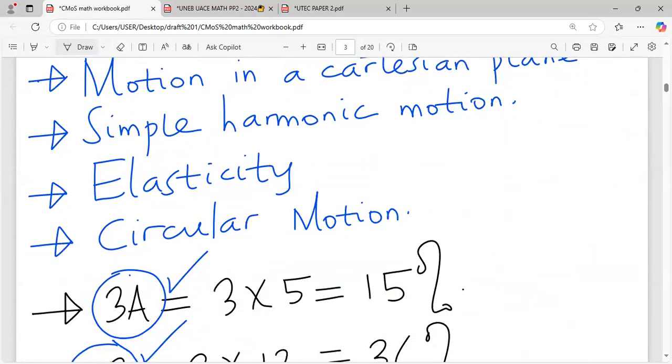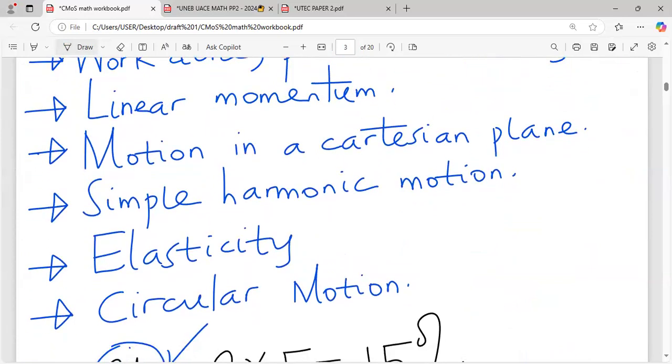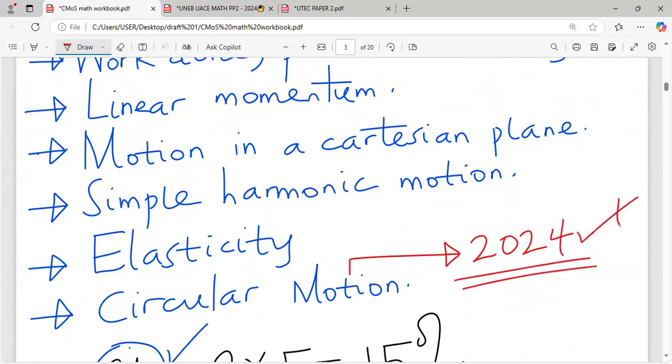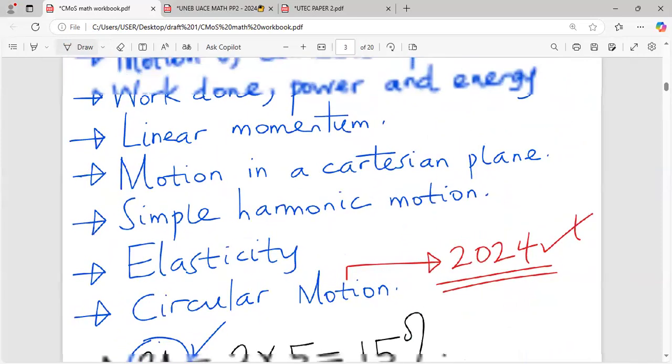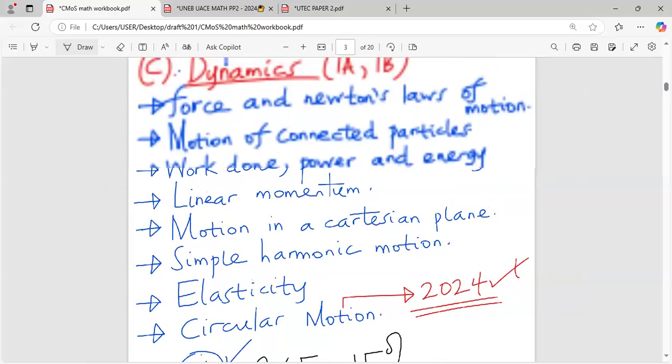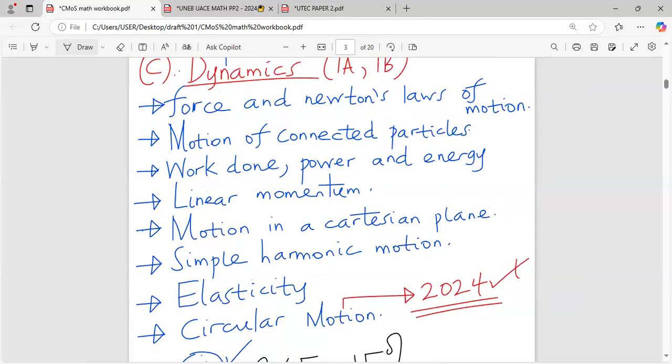Then they come here. Most people leave out circular motion because it is hard, especially for biological students, but even physics students leave it out. It came in 2024 also. We have just seen the paper. And that means this A level is not fair at all. That's why these people are fighting hard to change the curriculum. Just imagine, dynamics has 8 topics.